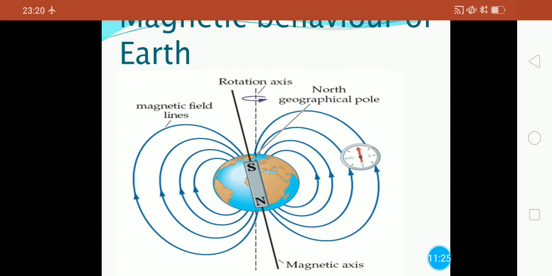Why? What is the reason? The reason for the alignment of the magnet along the north-south direction is the magnetic behavior of the Earth. Earth behaves just like a bar magnet buried under the earth.